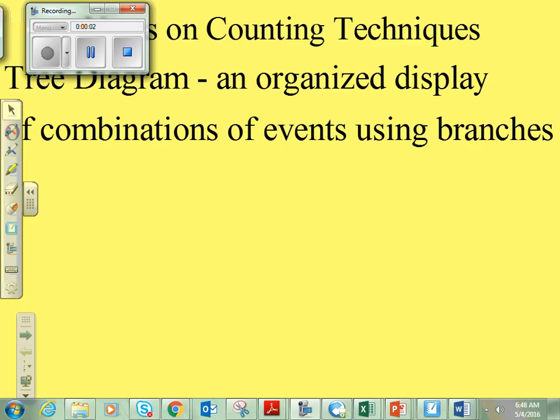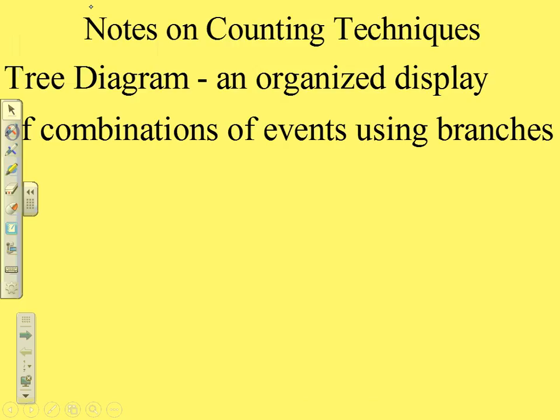Okay, everybody, so what we're going to be looking at in this lesson is something known as counting techniques. Now, counting techniques are not the same thing as a counting method, where you would say, count by ones, count by twos, count by fives. That's not what we're talking about when we say counting techniques.